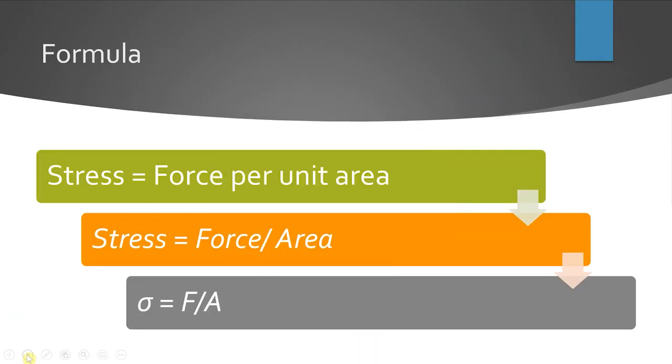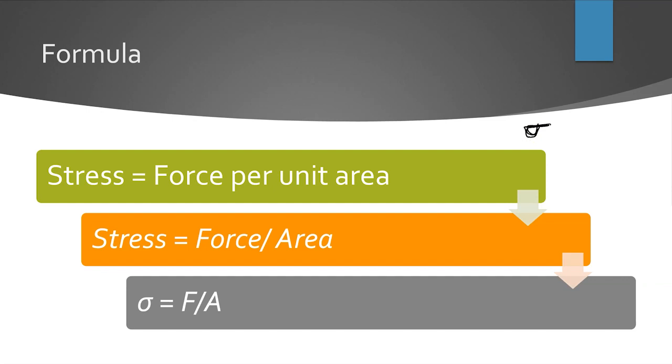Alright, so for this chapter, mostly we look at tensile and compression force, or stress: tensile stress and compressive stress. That means the sigma just now. Stress is equal to force per unit area. We know that is the formula.